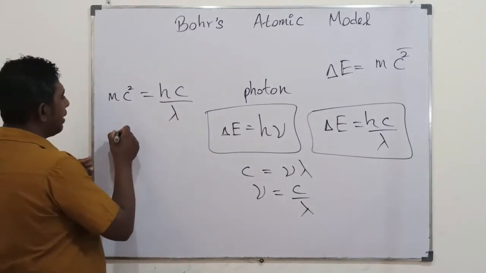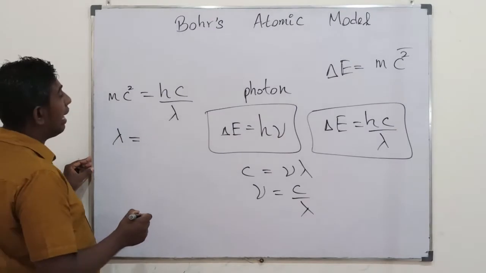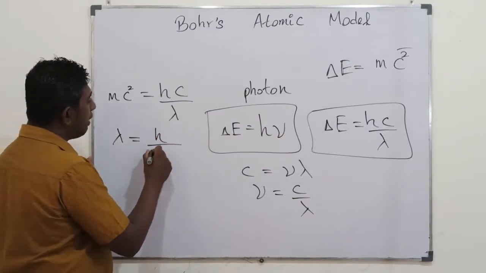Then, finding lambda, it equals h over mc.